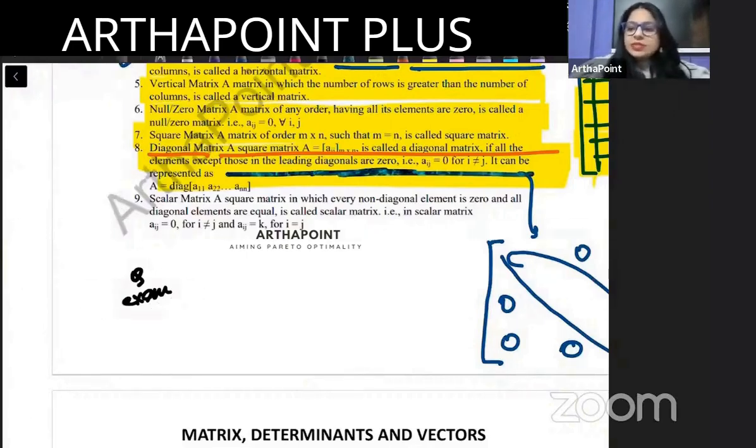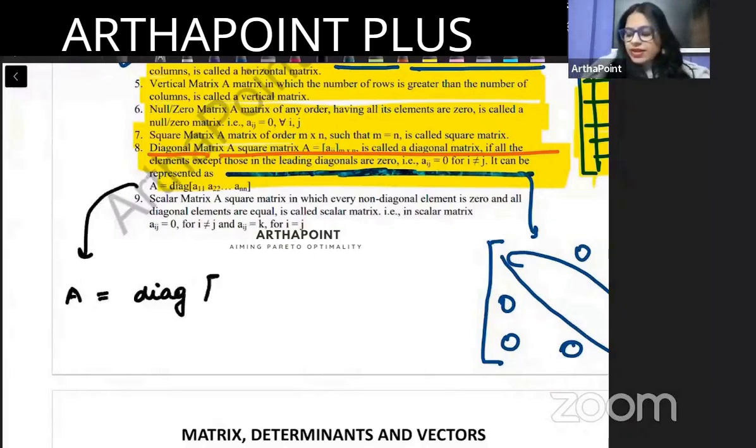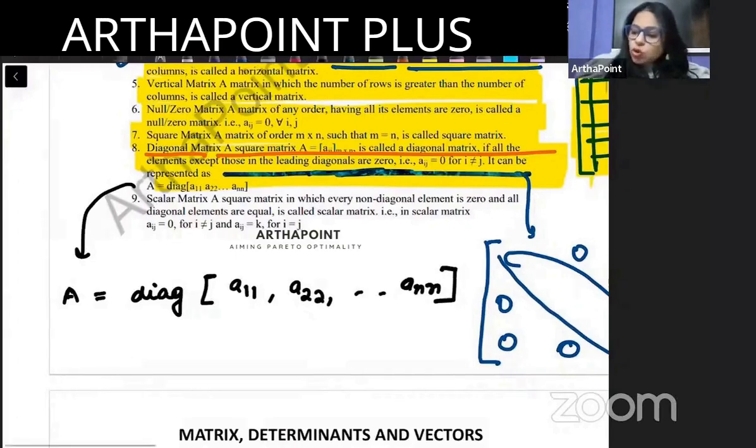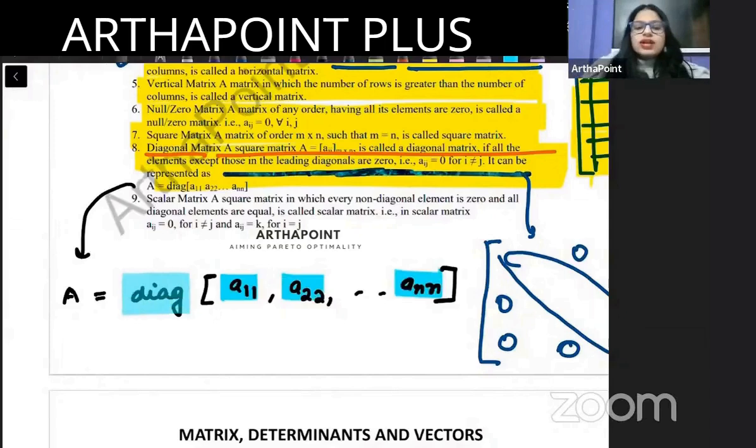Sometimes diagonal matrix को हम कैसे लिख देते हैं? We go ahead and write it like this also, that A is a diagonal matrix and it has these elements A11, A22 till Ann. माने ये जो भी मेरे diagonals हैं, whatever are my diagonals, सिर्फ उनकी values कुछ कुछ डालनी है, other than that everything is zero.